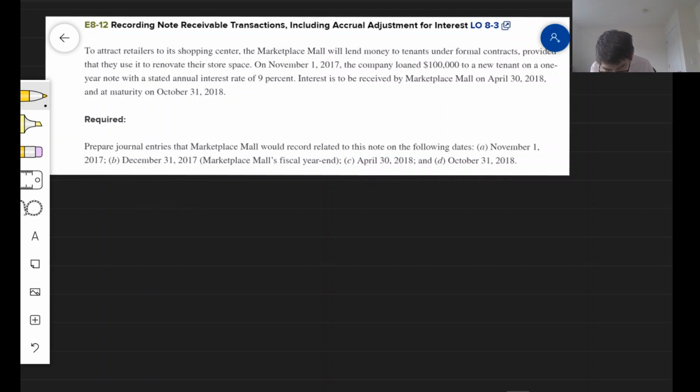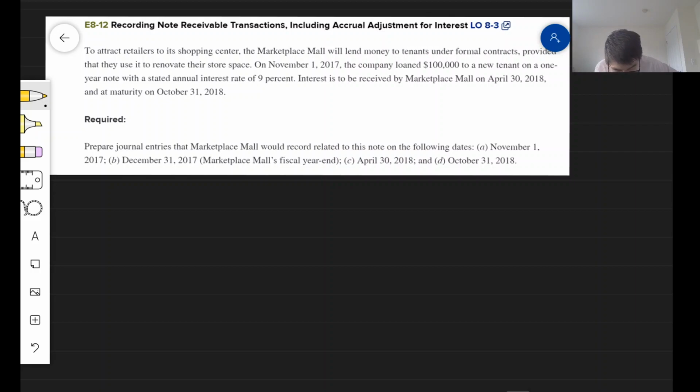To attract retailers to its shopping center, the Marketplace Mall will lend money to tenants under formal contracts, provided that they will use it to renovate their store space. On November 1st, 2017, the company loaned $100,000 to a new tenant on a one-year note with a stated annual interest rate of 9%.